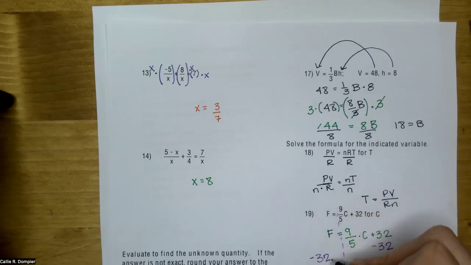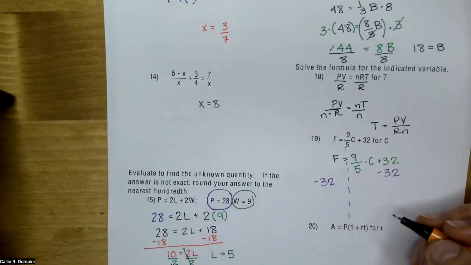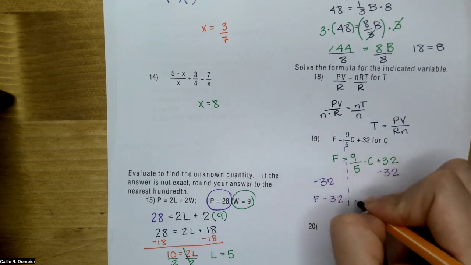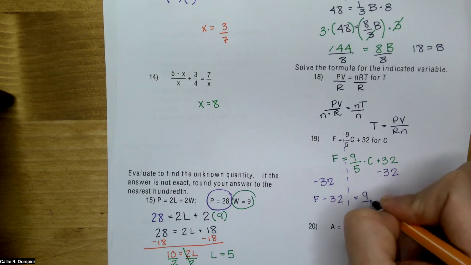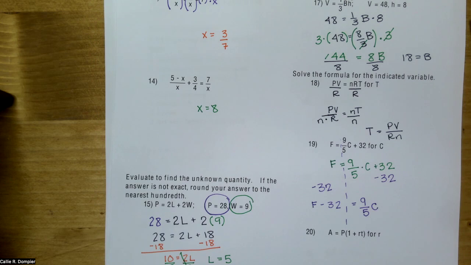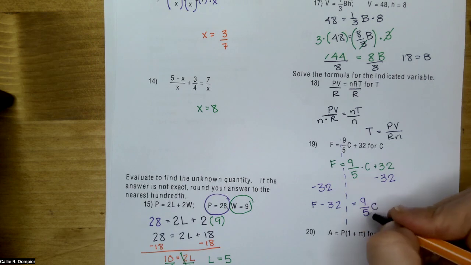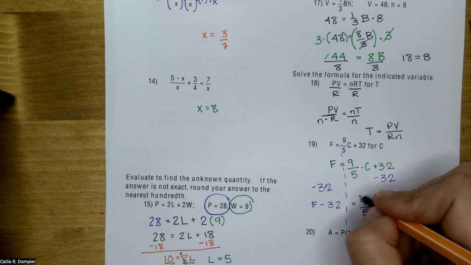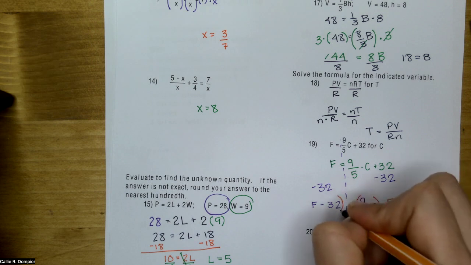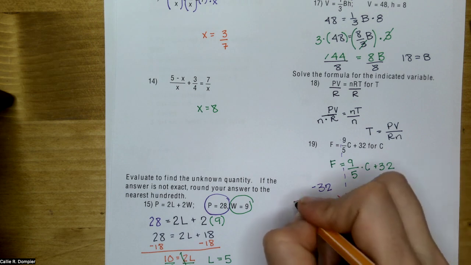All right, these are not like terms. So I'm just going to say F minus 32 equals 9/5 C. Good? Now C is being multiplied by 9 but divided by 5. The opposite of being divided by 5 is to multiply by 5. Get rid of that 5. Anything I do to that side, I have to do to this side.